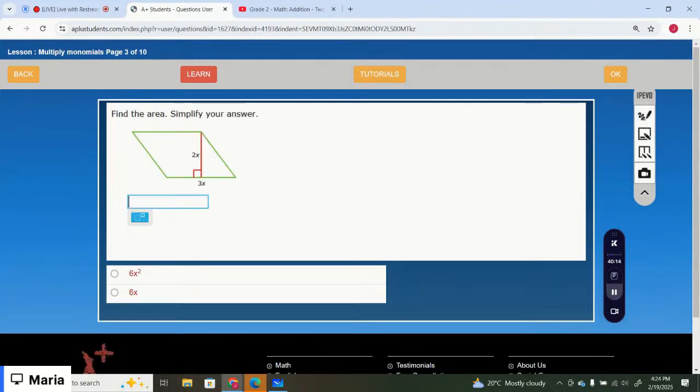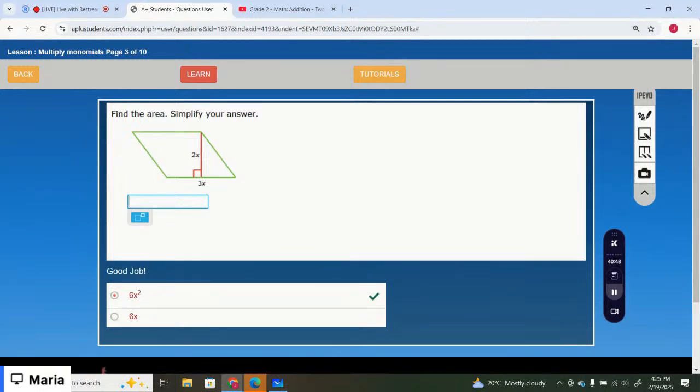Find the area. That is 6x squared. Option number 1 is the correct option.